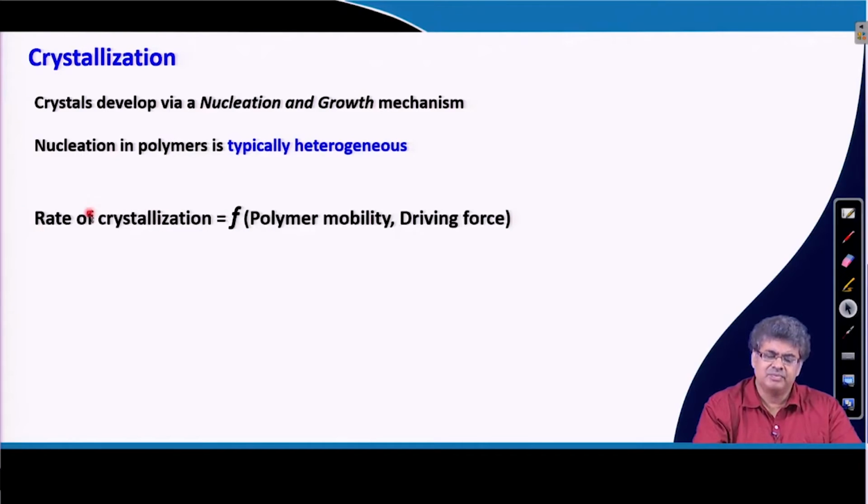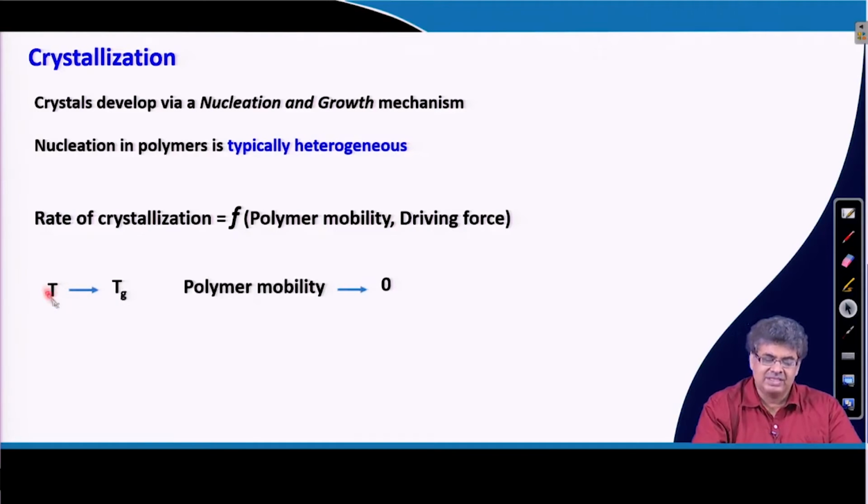Now, the rate of crystallization in polymer samples depends on polymer mobility as well as driving force. If we take a polymer sample and heat it slowly, then above Tg it has sufficient mobility, but as the temperature goes towards the melting point Tm, the driving force becomes lower and lower.